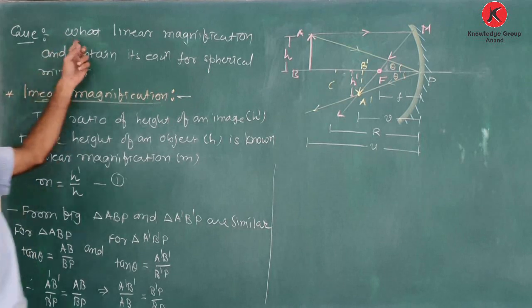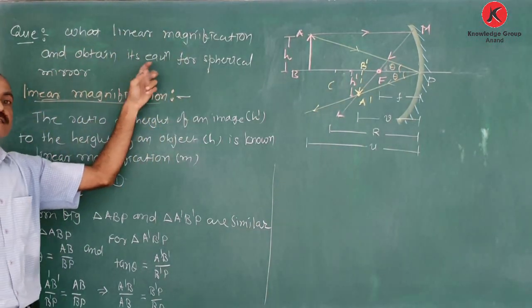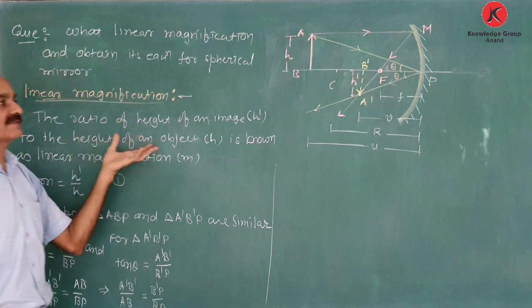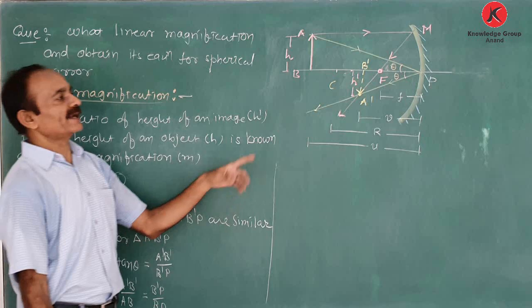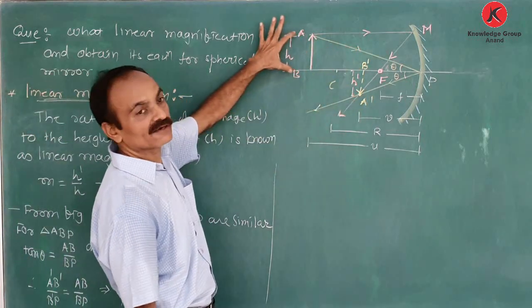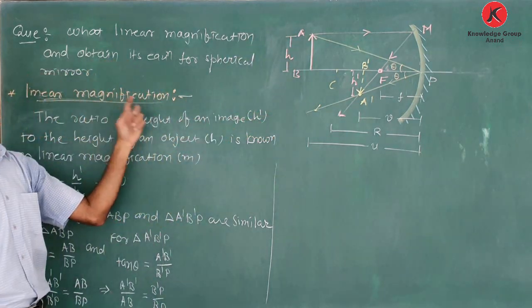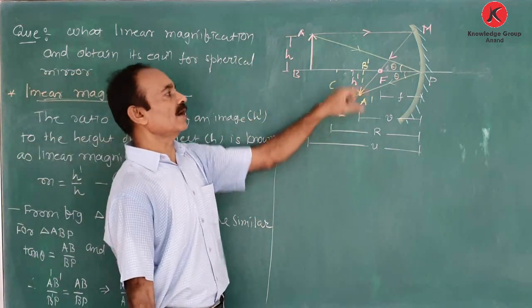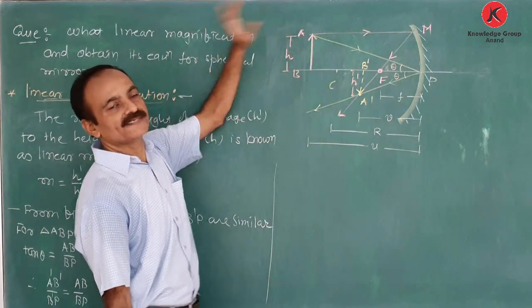Now, what is the linear magnification, and how do we obtain this equation for the spherical mirror? First we define the linear magnification. Linear magnification is the ratio of the height of an image to the height of an object.